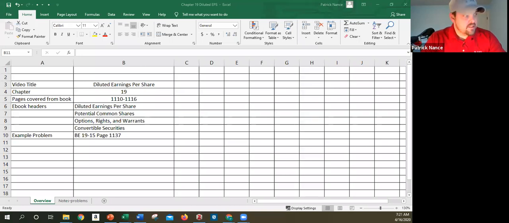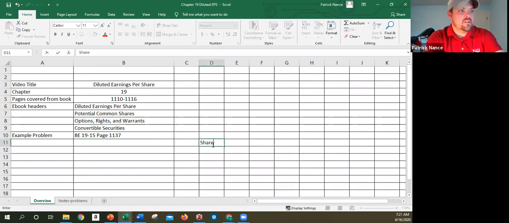In this case, I'll just type it out here in case the math is not making sense to you. I have the shares that are issued for an option. The share option is 15, I'll do it in millions, so 15 million, and we have a $20 exercise price, for a total of $300 million, which is the value of the share options.